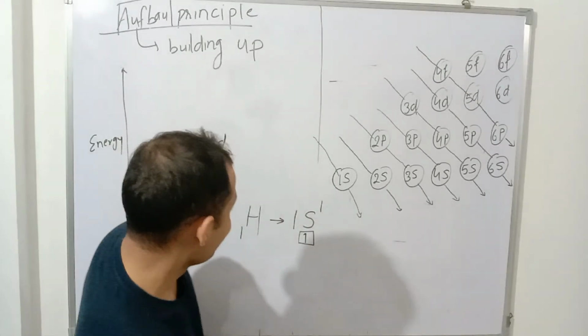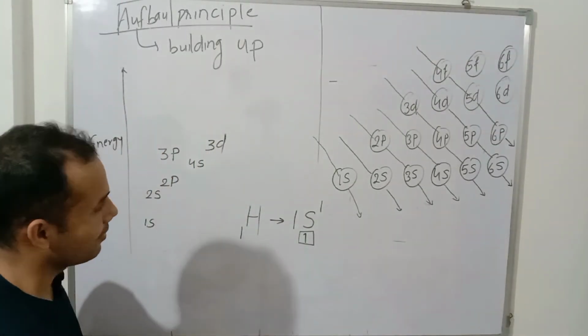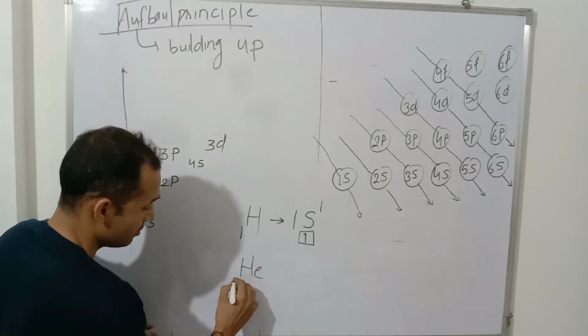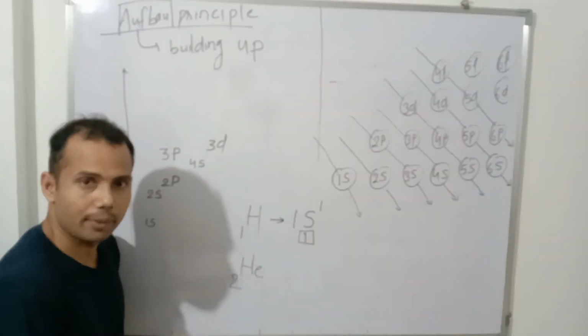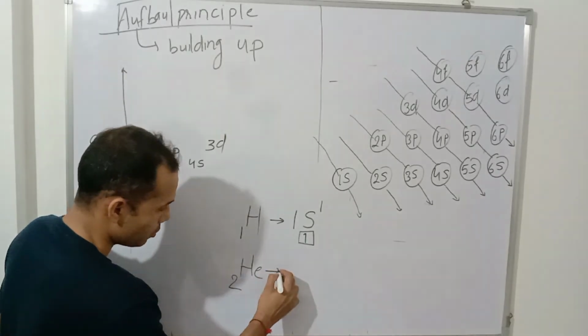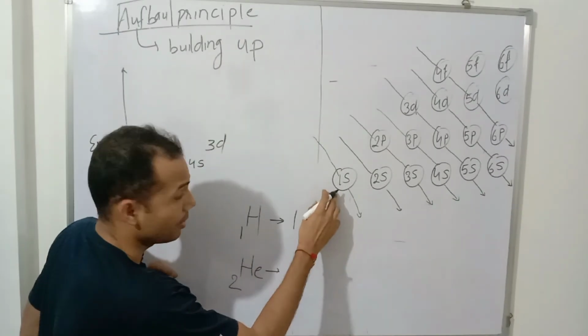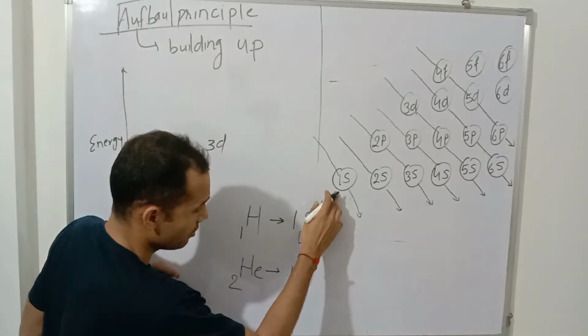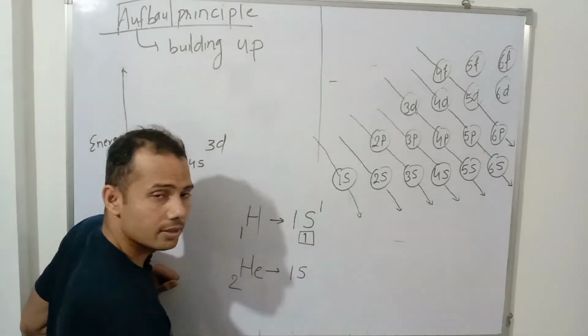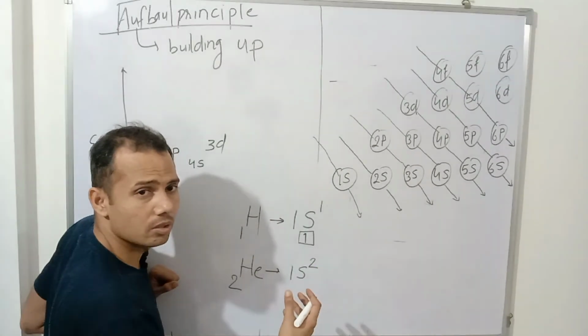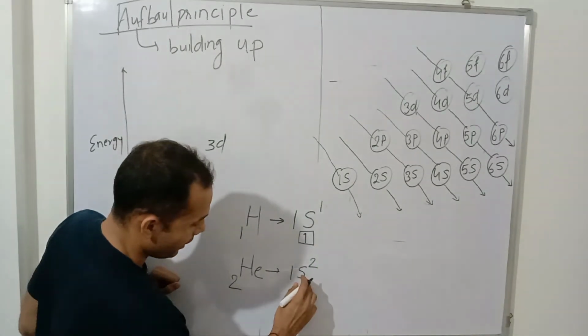Next, the second example, helium, atomic number 2. Again I will start from here, lower energy first, 1s. There are 2 electrons, so 1s2.